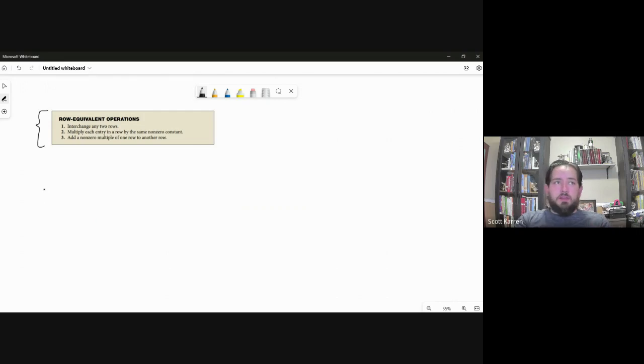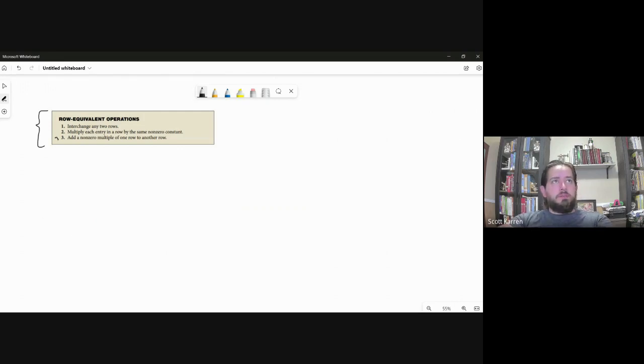So what that means in a matrix is if I just multiply every single thing in that row by that same number. And then, of course, the last one here, number 3, I can add a non-zero multiple of 1 row to another. And that's what we've been doing in the last section. So what I want to do is be able to do these in a matrix format. And so we'll talk about what that looks like.